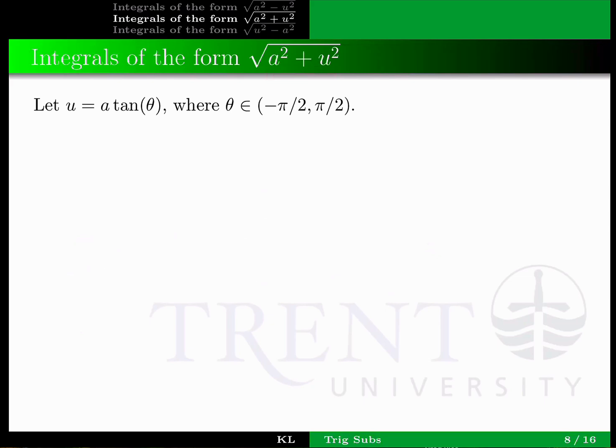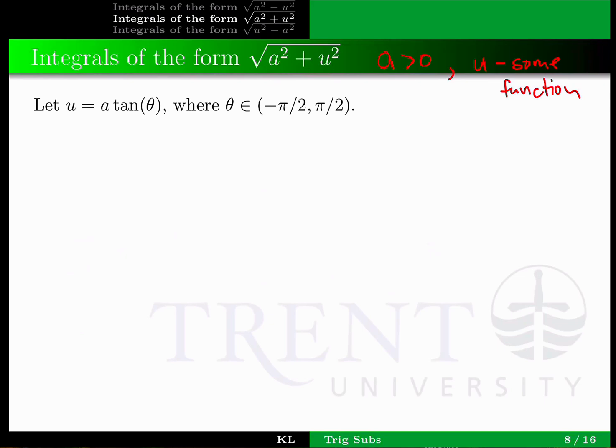Again, in here we will assume that a is greater than 0 and u is some function. It could be a simple function u equals x, but in some of the examples that we will see later, the u may be other types of functions.